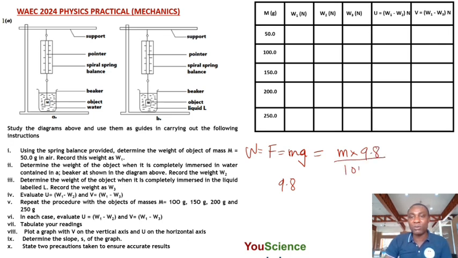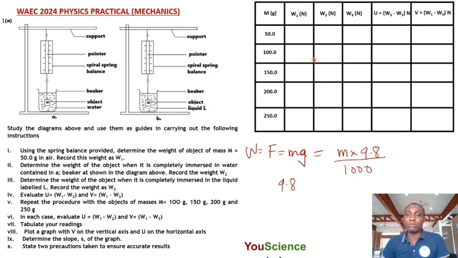I'll plug the masses into this formula, use my calculator to work that out, and record it. You have to record this to at least 1 decimal place, but I'm going to record them to 2 decimal places. That will be better.